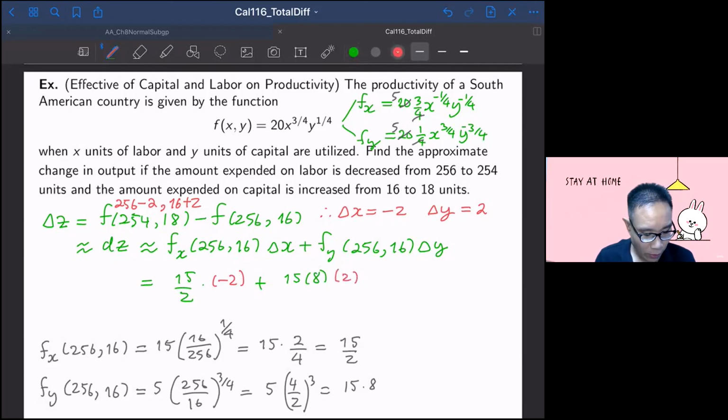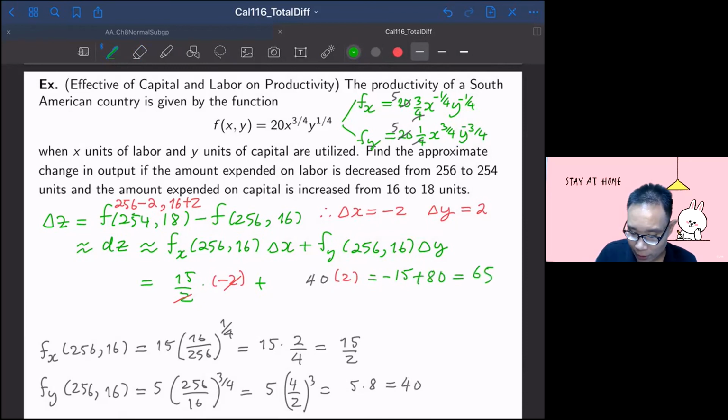Okay, and you see that this allows us to get -15. And the number here is going to be 5 times 8, so this equals 40. So this one is going to be -15, and this one is going to be plus 80, and this will be 65.